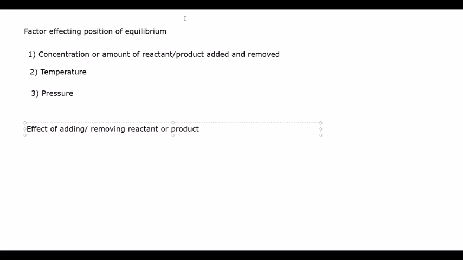So for example, A and B are the reactants here, A plus B forming a product, say C and D. Initially, in the beginning we consider it is in equilibrium and we are finding the effect.